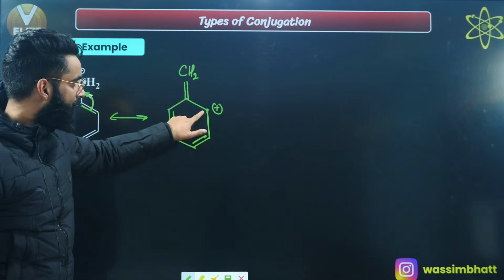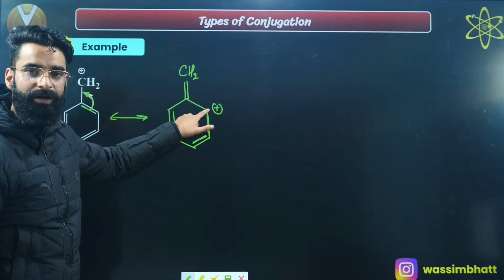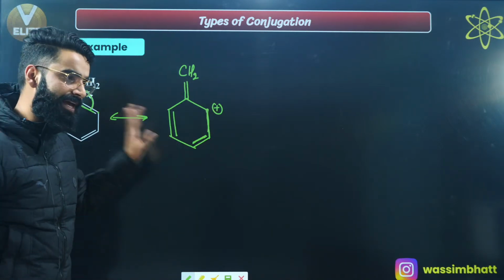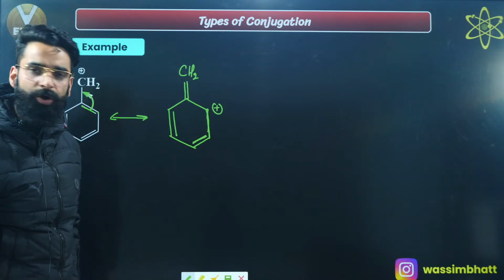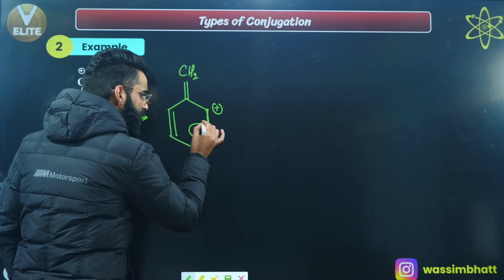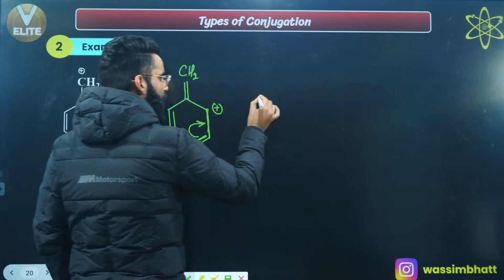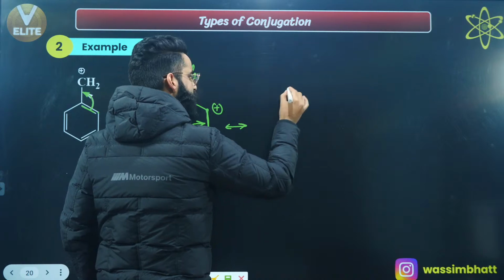Now, you have got again pi, this is sigma, this vacant orbital. Pi, sigma, vacant orbital. Again, there is a conjugation. Again, you'll shift this pi electron pair over here. That means the positive charge will come on this carbon. So what is going to be one more canonical form? Let me make it for you.